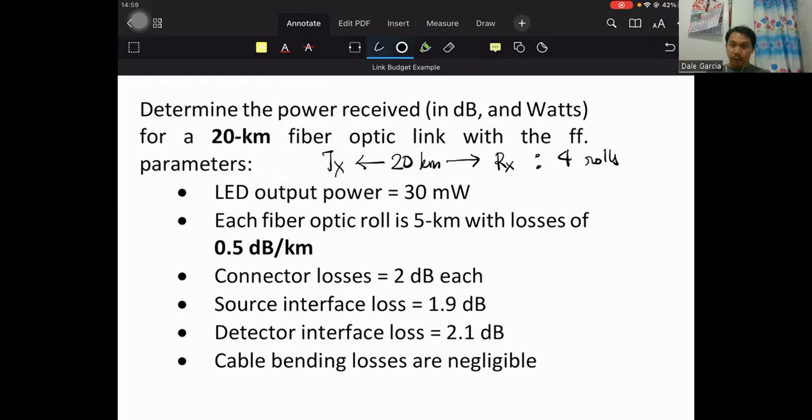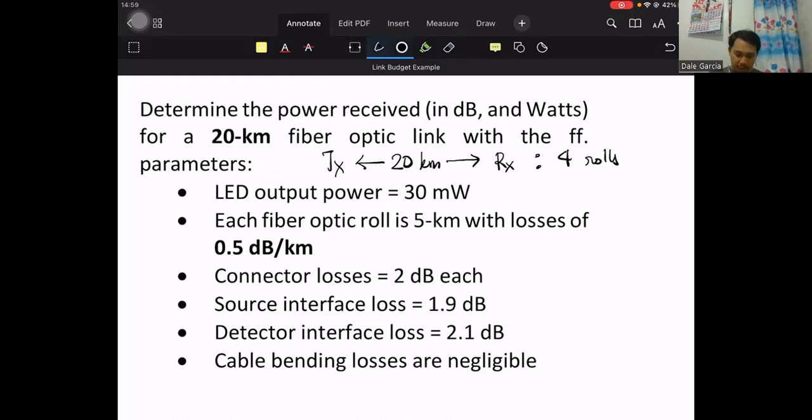If we use 4 rolls of fiber optic cable, how many connectors do we need? We splice one roll to another, the fiber optic cable of one roll to the next roll.